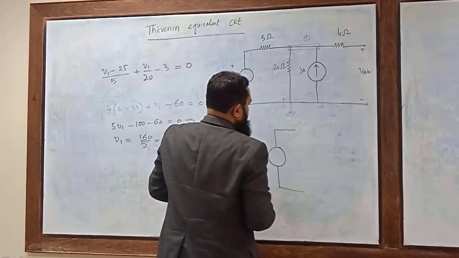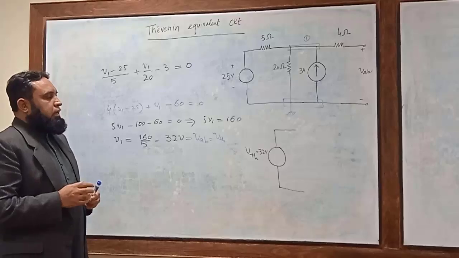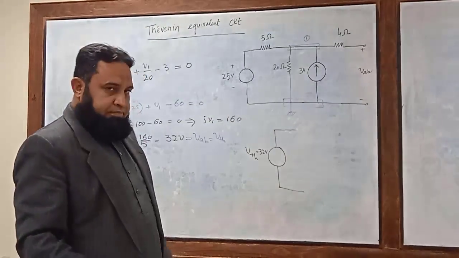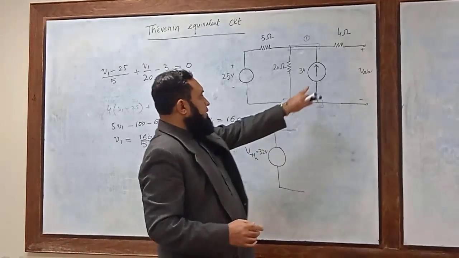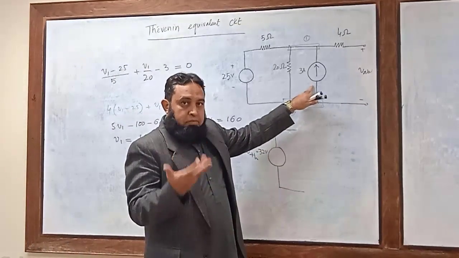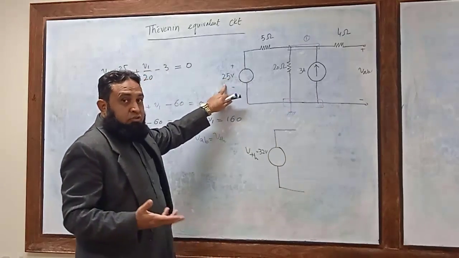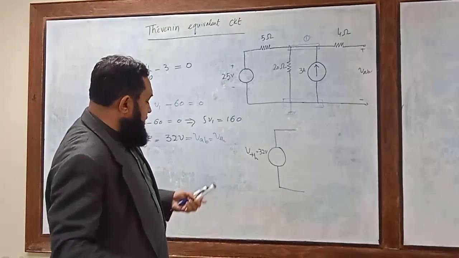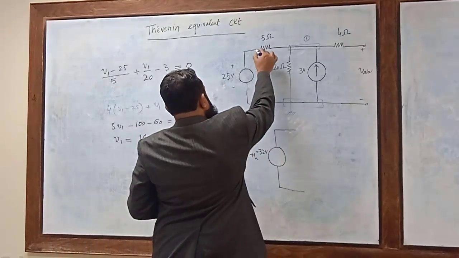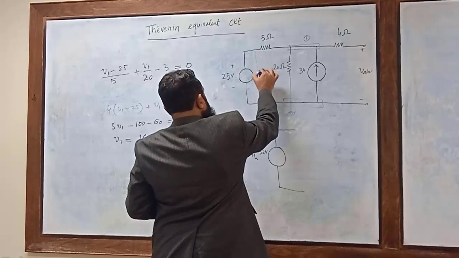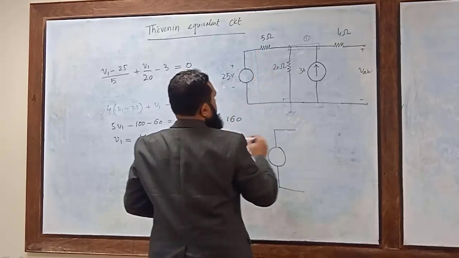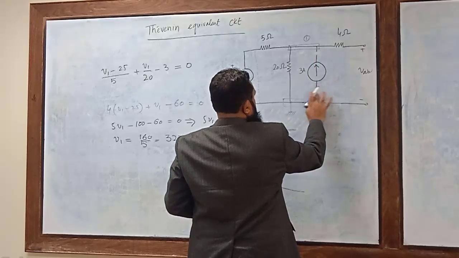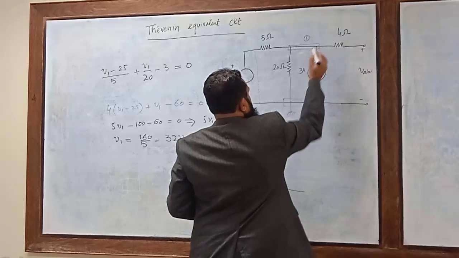Now we want to find the Thevenin resistance. In order to compute the Thevenin resistance, make this current source an open circuit, and make this voltage source a short circuit.